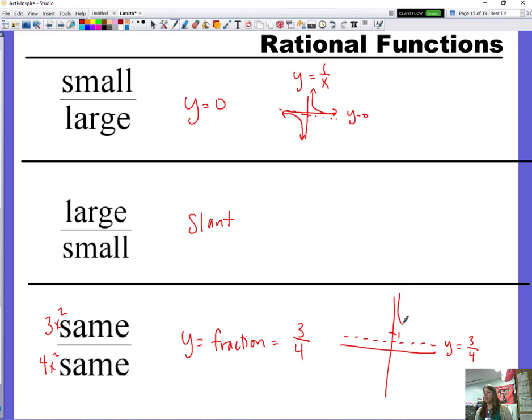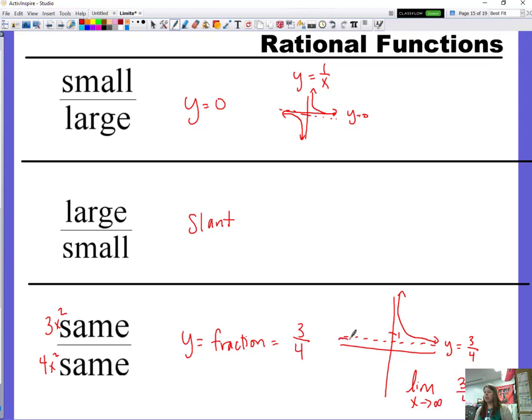And so if I graphed this one, it would get closer and closer, not to 0 now, but to the value 3/4. And so the limit here, as x approaches infinity, would be 3/4.